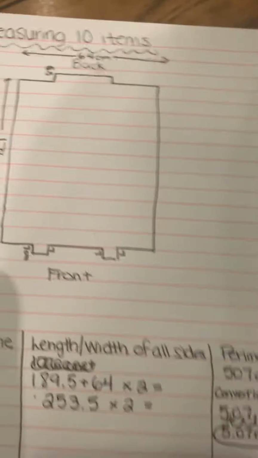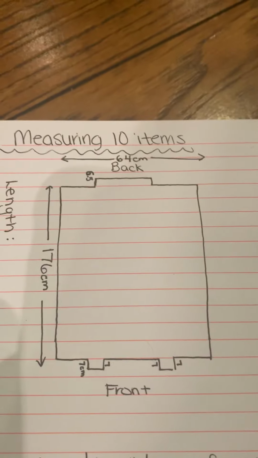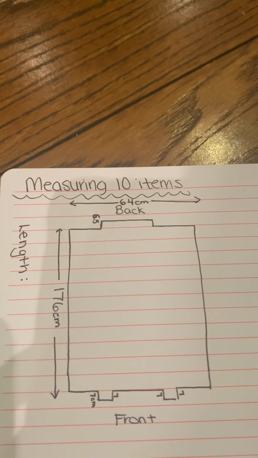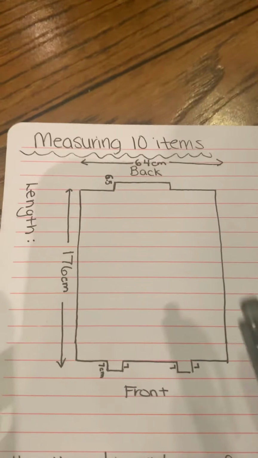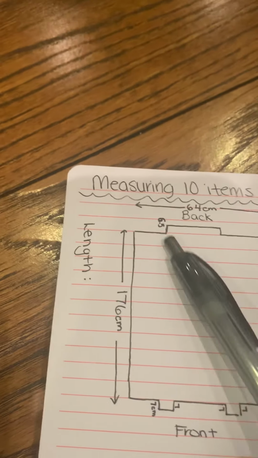Now, just like anything where we're doing perimeter, we have to add all the sides together. Now this is a little bit tricky because we need to be able to add up all our lengths together, because we have technically 3 different lengths. So we got the 6.5 centimeters from here, 176 from here, and then also the 7.